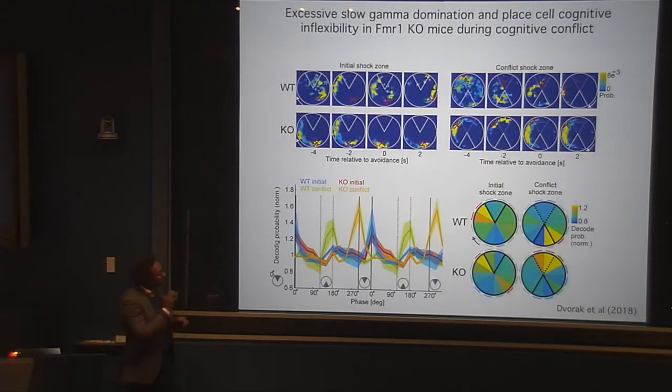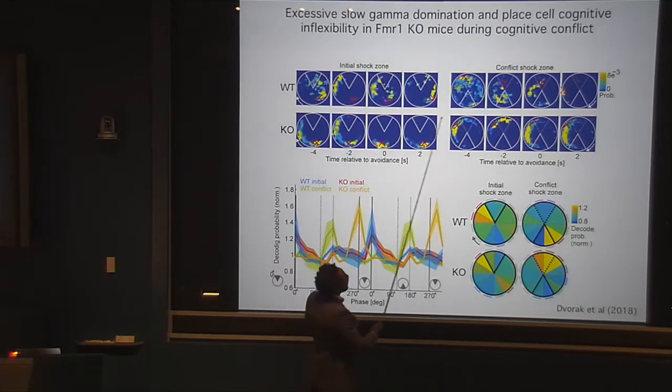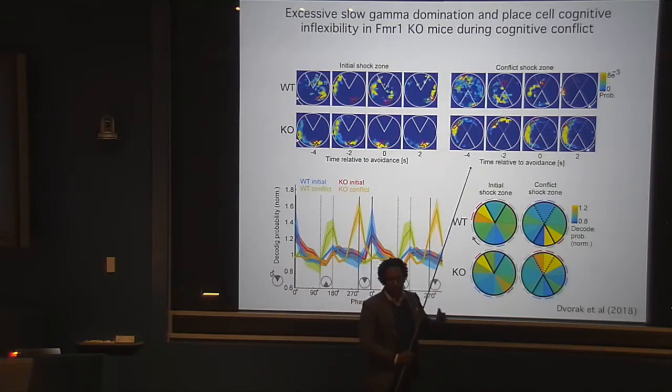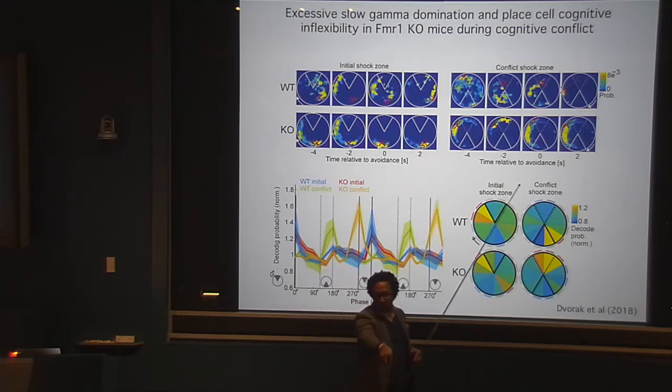And this is the last data slide. This is just another example of what happens in the wild type and the knockout mouse when the animals encounter the shock zone and decide to walk away. This is what I showed you before. But what happens in the same situation when the shock zone has been moved? Let's look at the wild type mouse here. It's decoding locally, and then changes to remote decoding, and the remote decoding now aims at the new location of the shock zone, which it will then avoid.